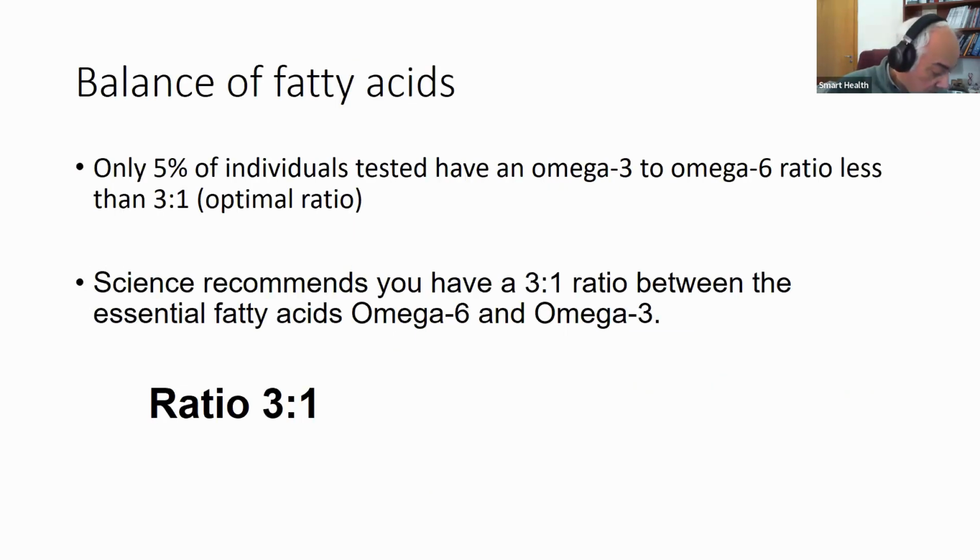What we know is that only 5% of the individuals tested for omega-3 and omega-6 have a ratio less than the optimal ratio. Now, the optimal ratio, according to the WHO, is 5:1. According to science, it is 3:1. So science recommends an omega-6 to omega-3 ratio of 3:1 or lower.